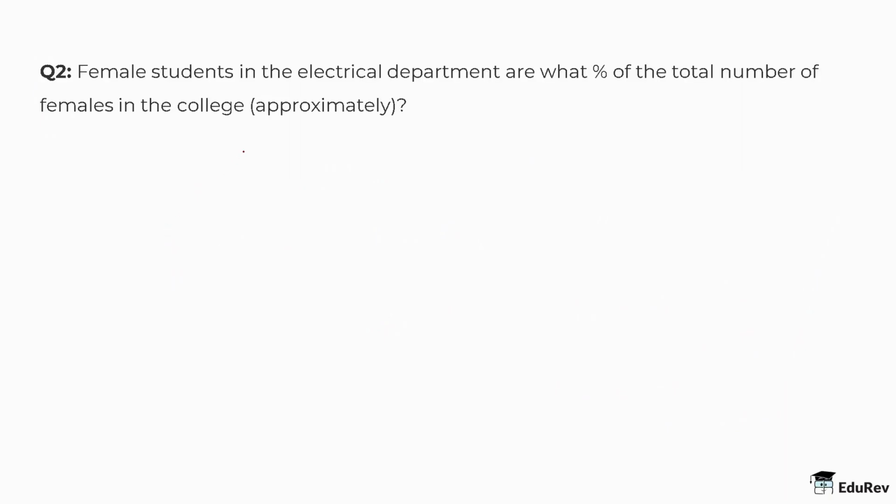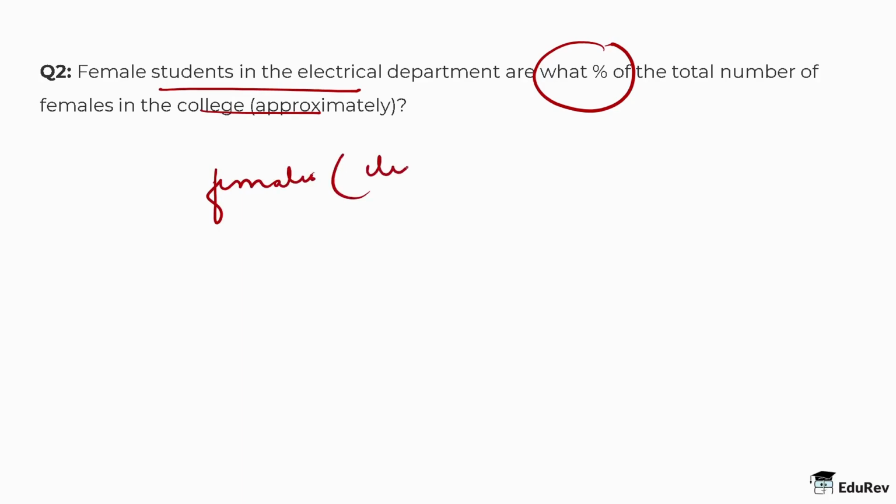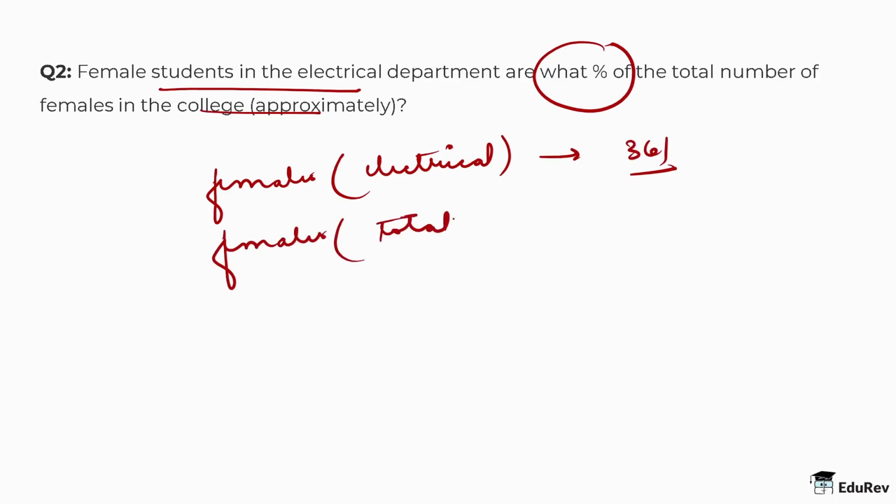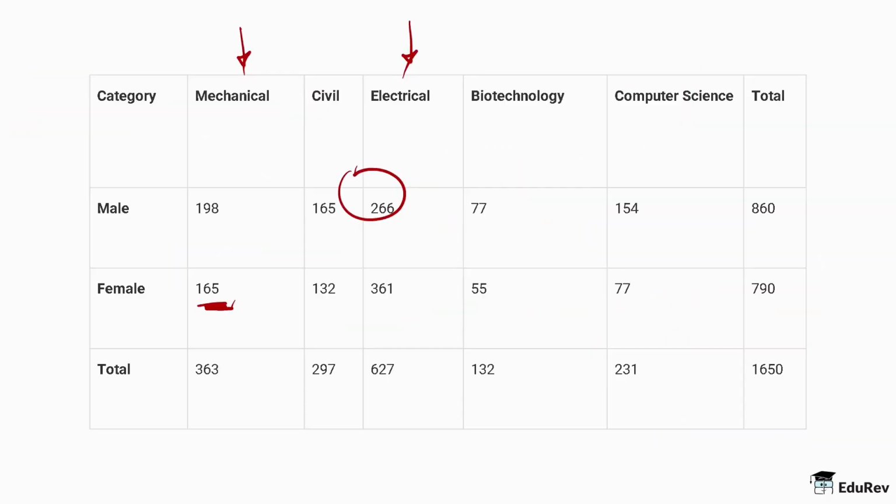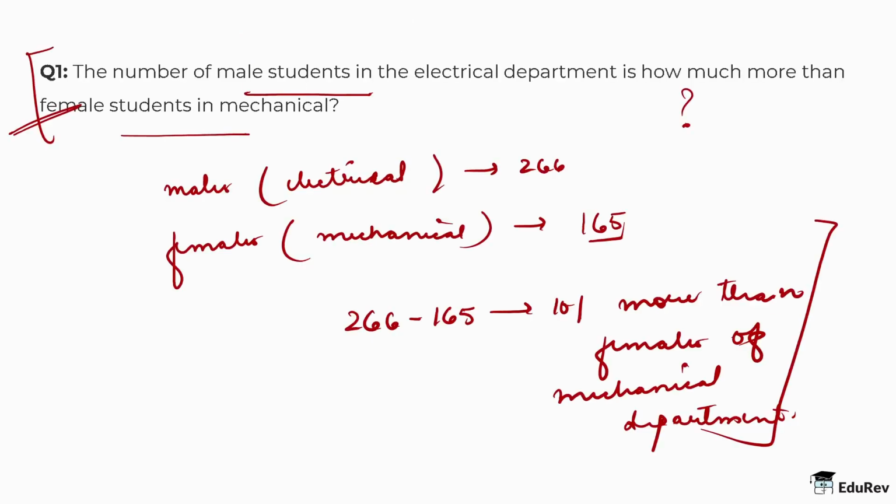This question asks: the female students in the electrical department are what percent of the total number of females in the college, approximately? Females in the electrical department is 361 and total females is 790.